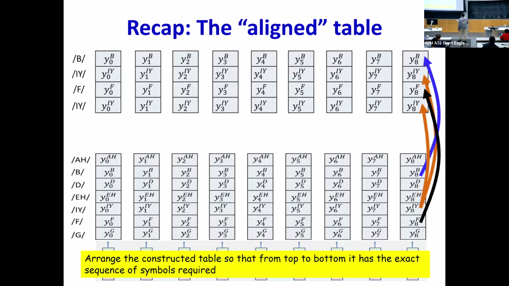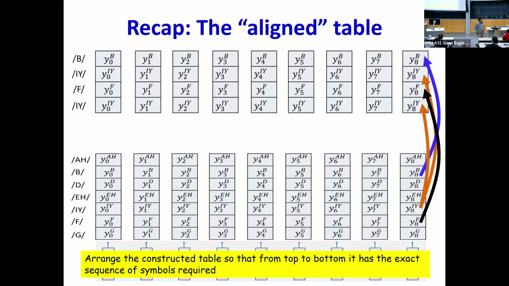From this table, I pulled out the rows corresponding to the symbols in the output, and I constructed a second table consisting only of the probabilities assigned to the target symbols in the order in which they occur. Here, for example, the output is beefy, so my table has the row for B, the row for E, the row for F, and then the row for E again.